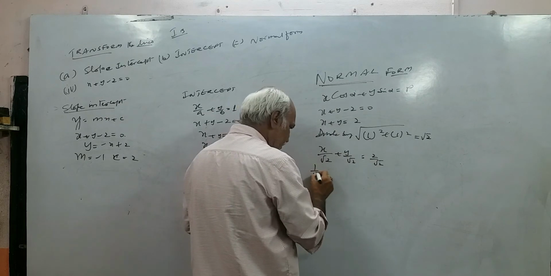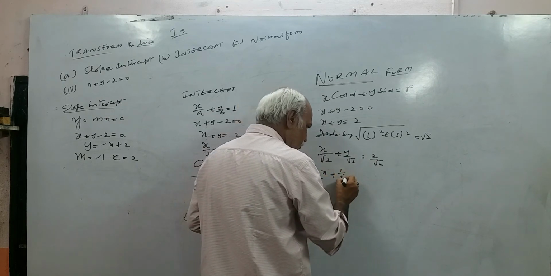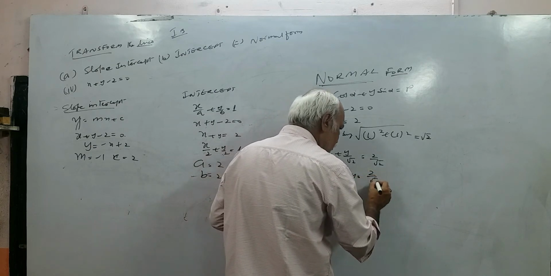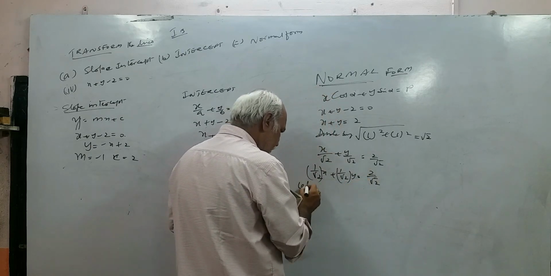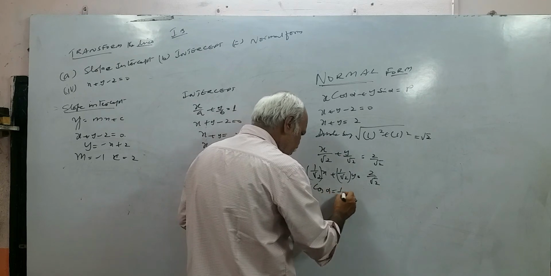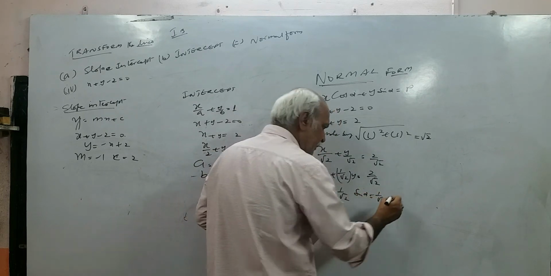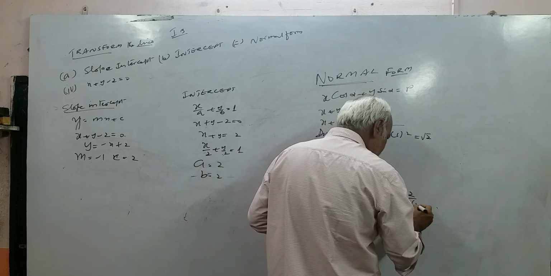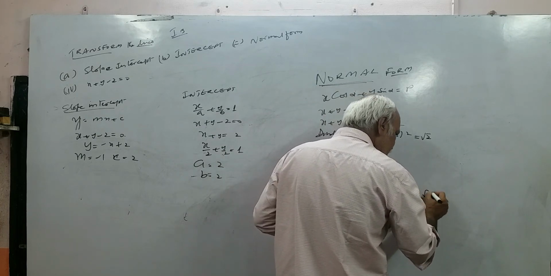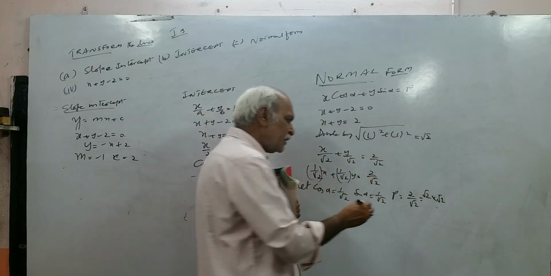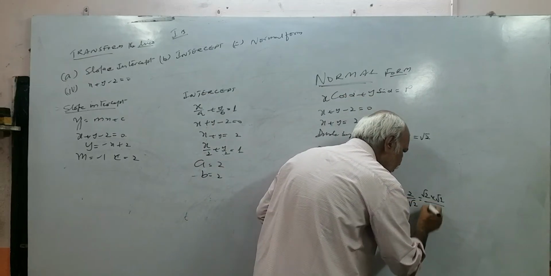So this can be written 1 by root 2 x plus 1 by root 2 y is equal to 2 by root 2. Now let cos alpha is equal to 1 by root 2, sin alpha is equal to 1 by root 2, and p is equal to what, sir? 2 by root 2. Now 2 can be written root 2 into root 2, sir. 2 can be written root 2 into root 2 by root 2. So one root 2 will get cancelled.